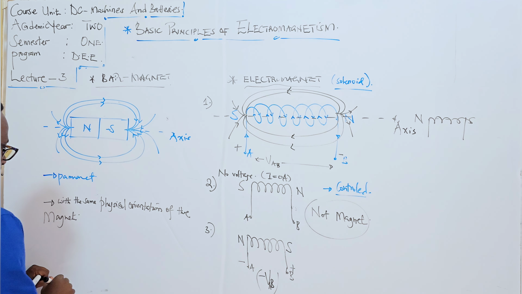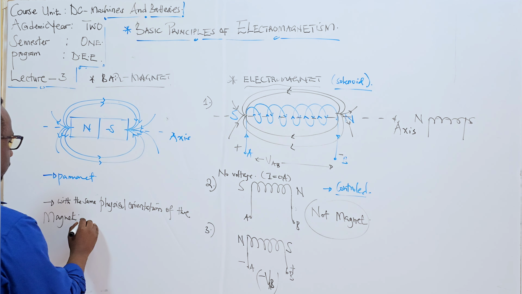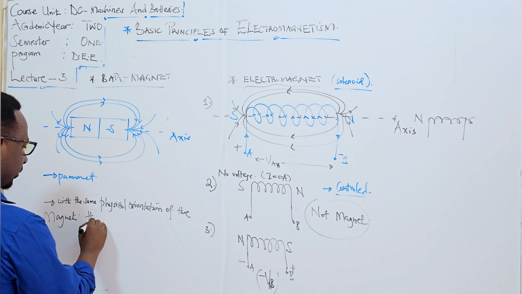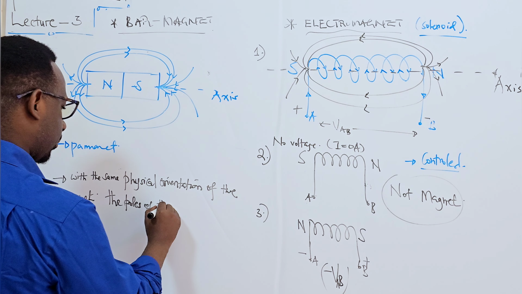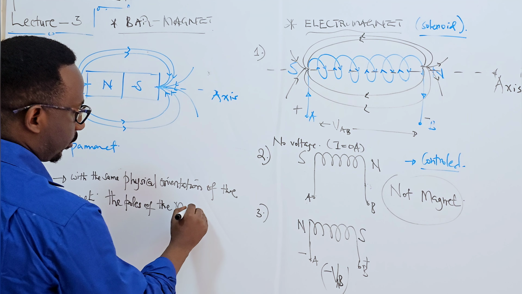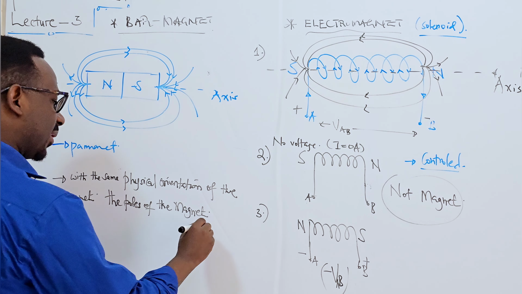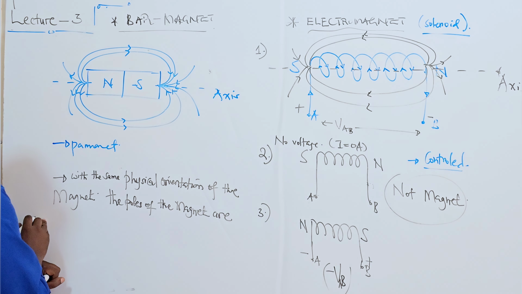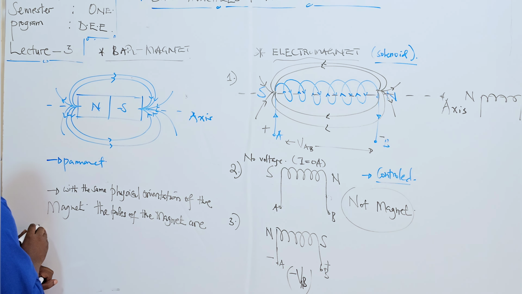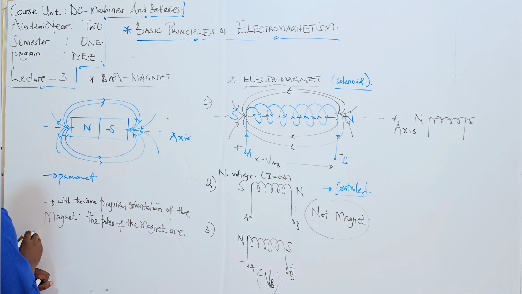With a bar magnet, the poles of the magnet can't be reversed.